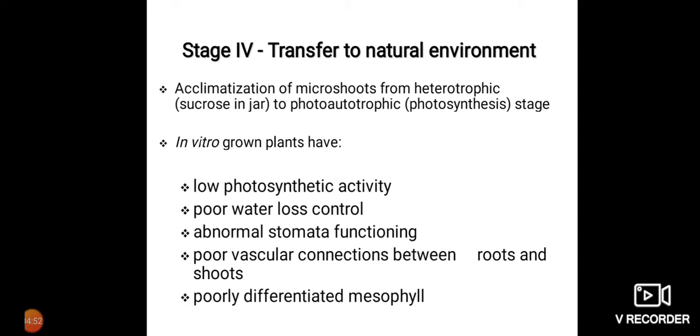This transfer happens first in in vitro conditions. The plants need a little time to adjust to the change in environment, because of which we can find low photosynthetic activity, poor water loss control, abnormal stomata functioning, and all these kinds of things.